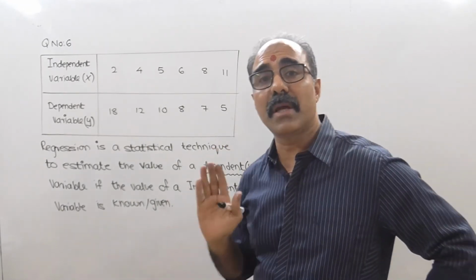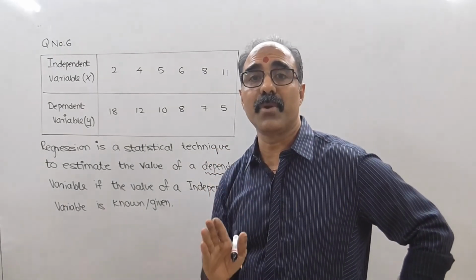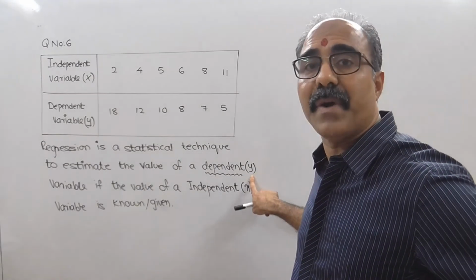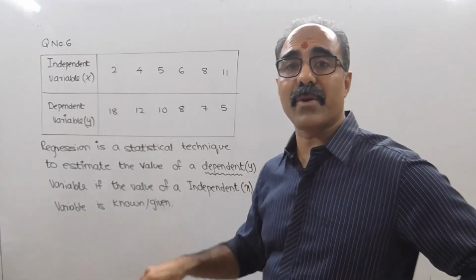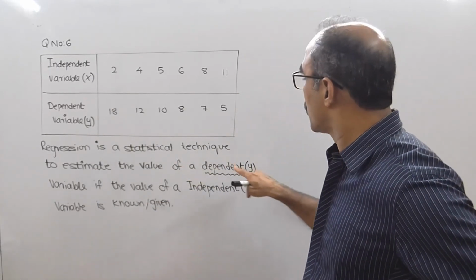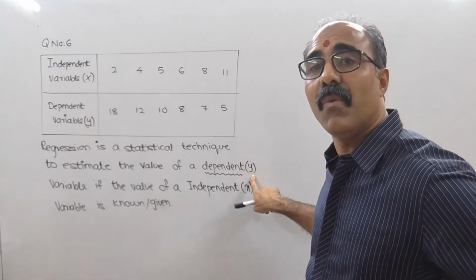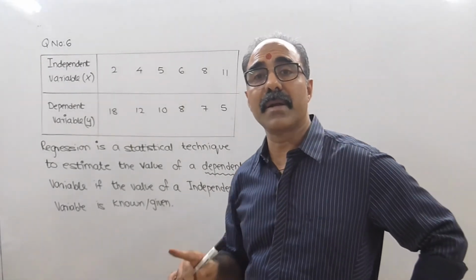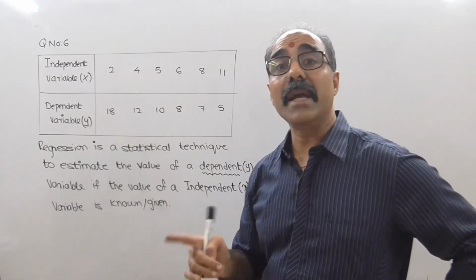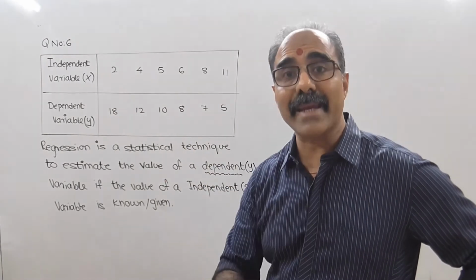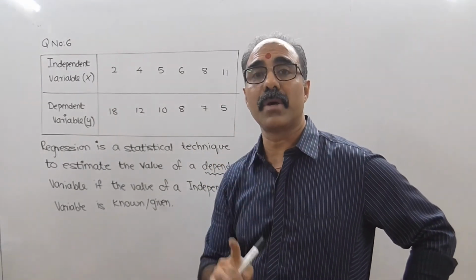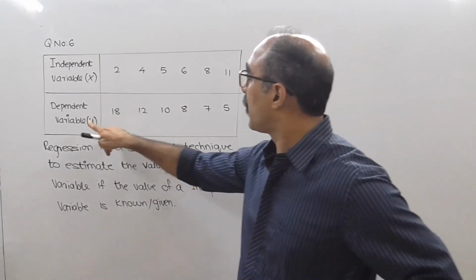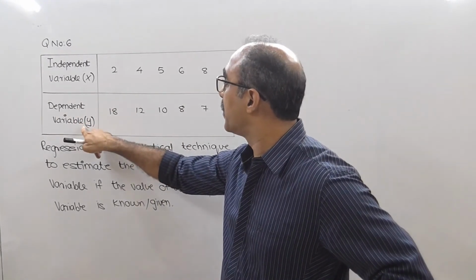So it is always the equation of dependent variable you have to find. So what is a dependent variable? Y. So you will have to find the regression line of y on x. If the dependent variable would have been x, then you should have found the regression line of x on y.